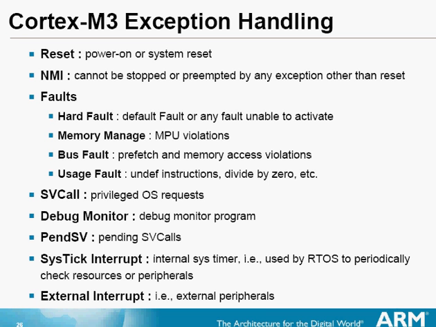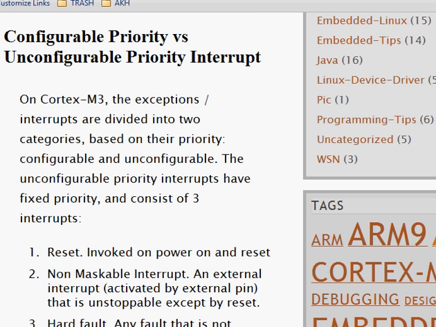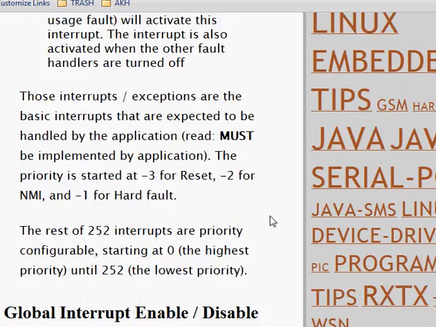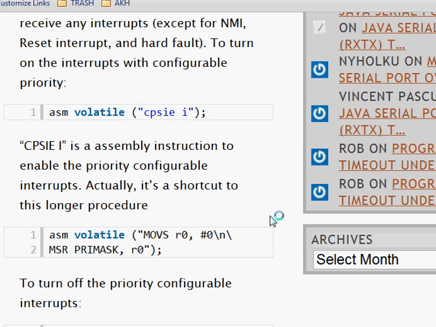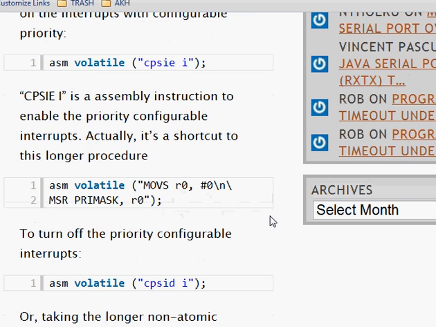If you want to see how this code would look, I'll take you to this one. See, global interrupt enable, disable. This is how your program would look, meaning exceptions configure code. To turn off priority configurable interrupts, you put this.